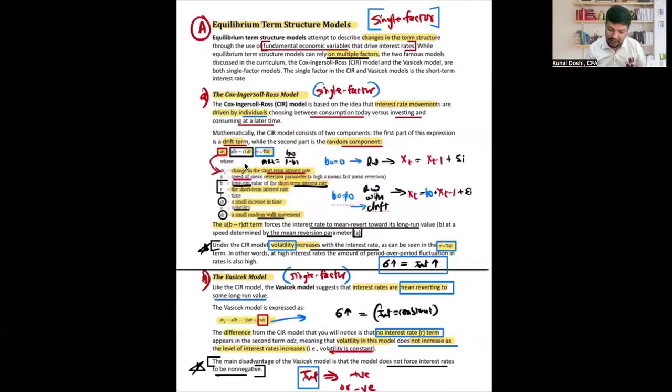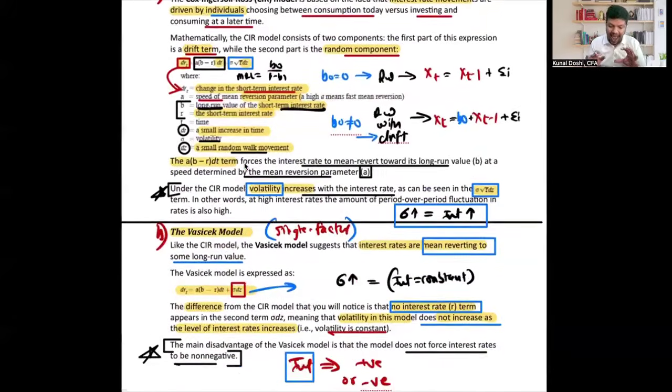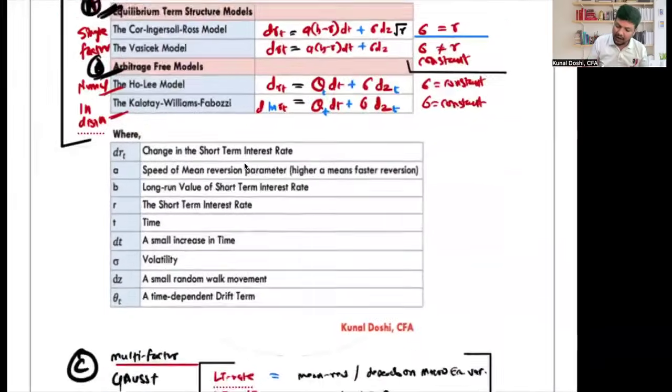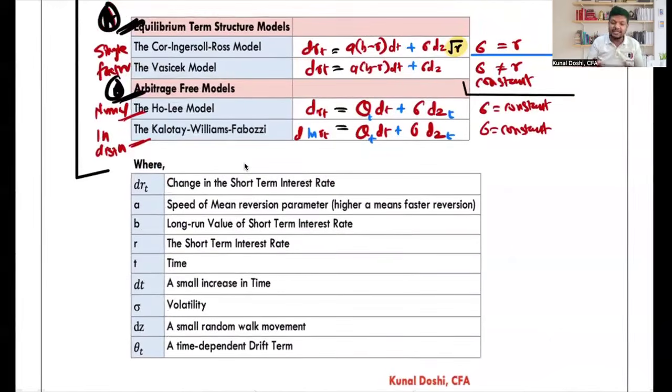But the biggest difference between these two models, the equilibrium term structure and arbitrage-free, is the understanding of mean reversion. Within the equilibrium term structure, you have the Cox-Ingersoll-Ross model and the Vasicek model. Both are single factor. The only difference that you see in the formula, which you need to remember for the exam, is that the standard deviation of r is missing in the Vasicek model.